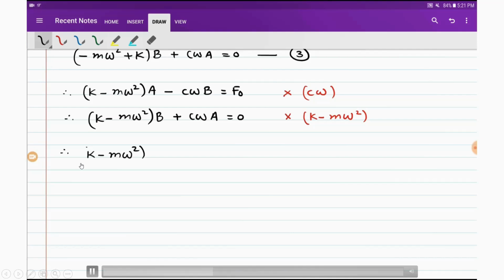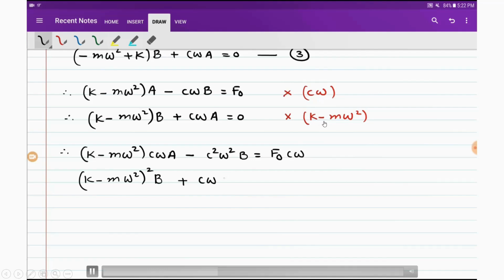So this is k minus m omega square multiplied by c omega multiplied by a, minus c omega into c omega, that is c square omega square b, is equal to f0 multiplied by c omega. Here also, k minus m omega square, and square of that, because it is multiplied by the same term, multiplied by b, plus c omega multiplied by k minus m omega square multiplied by a.